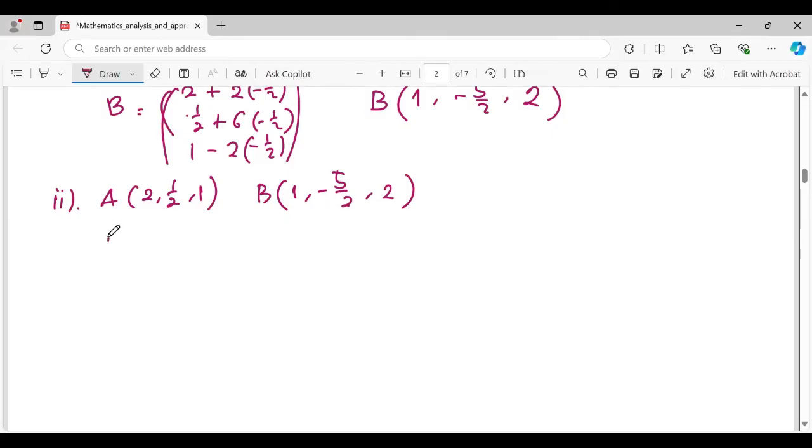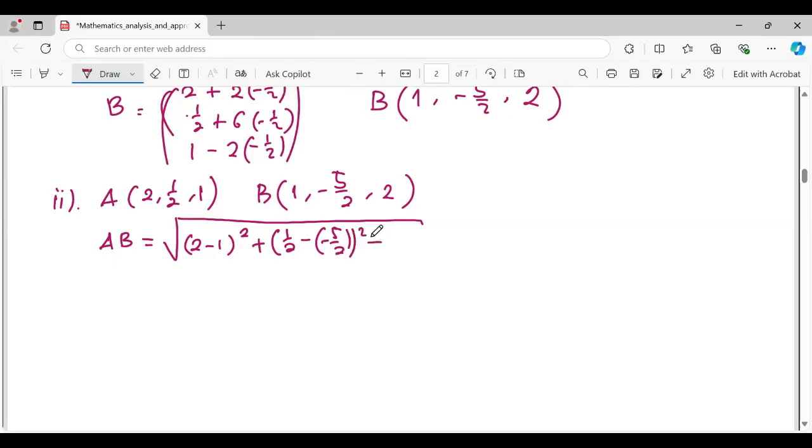Okay, so AB equals square root of 2 minus 1 squared plus half minus 5 half squared plus 1 minus 2 squared, which is 1 plus 9 plus 1, equals square root 11. Yeah, proof.